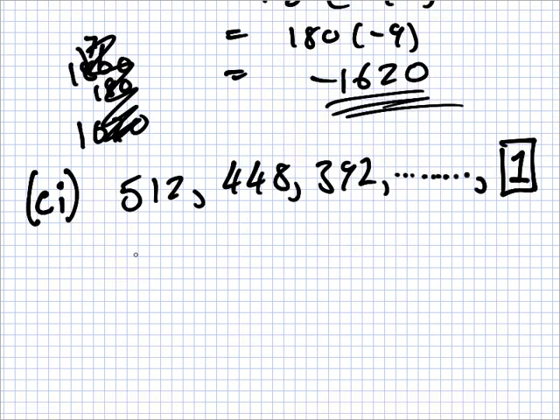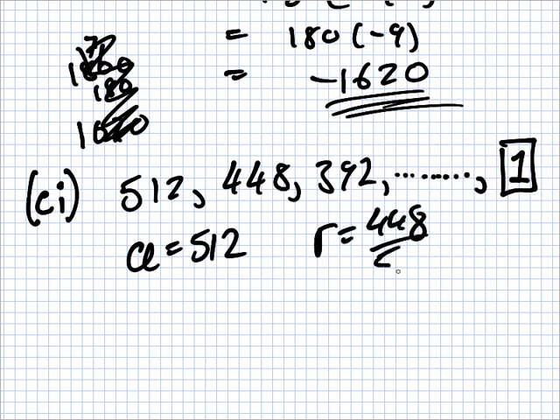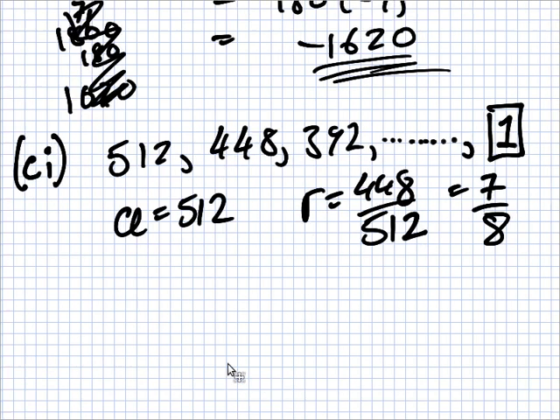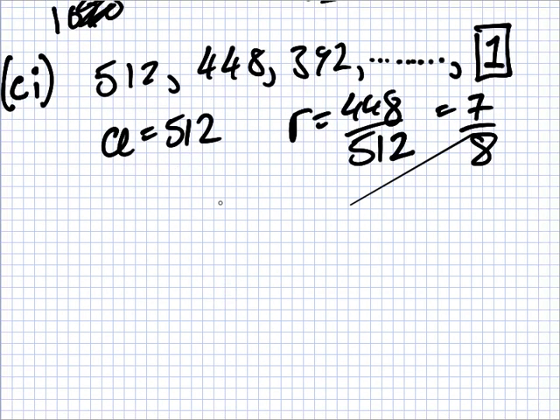This is GP, where A is 512 and R is 448 over 512. So what's that? 7 over 8. 7/8, is it? No, I don't have a calculator. Okay, so we want to know when will our sequence be smaller than 1?